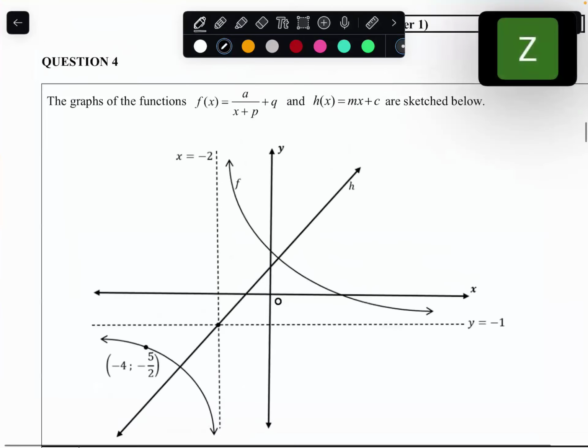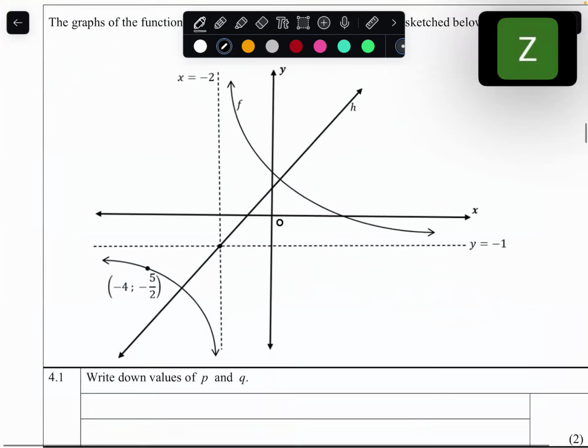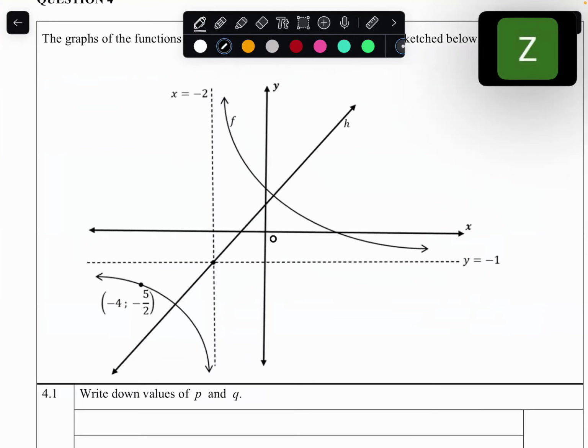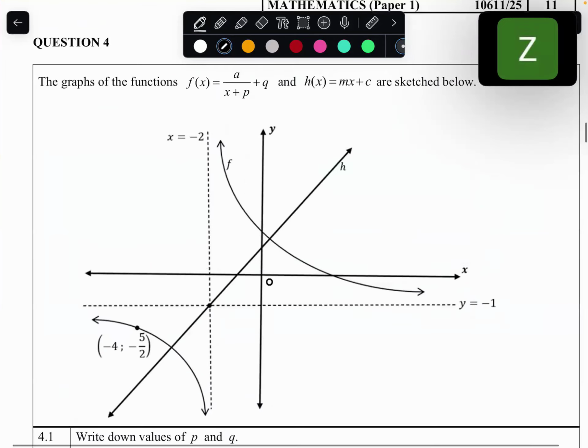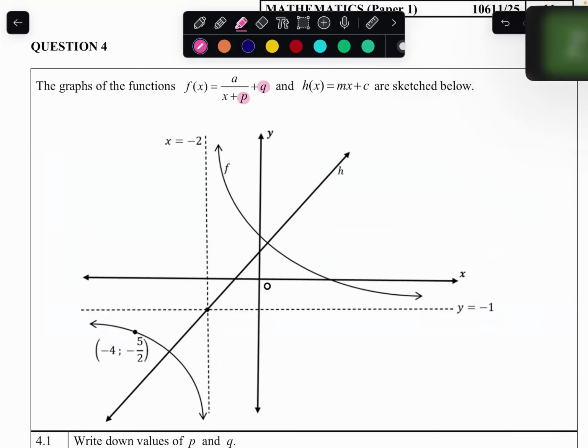All right, so question 4 says the graphs of the functions f of x and h of x are sketched below. F of x is a hyperbola, h of x is a straight line. Write down the values of p and q. P and q are the asymptotes.